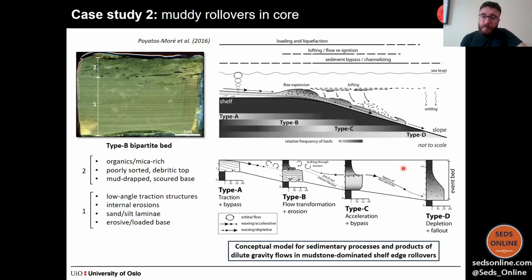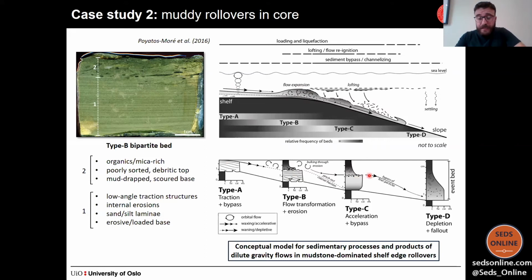So combining the outcrop and the core observations, we came up with this conceptual model that tries to summarize some of the processes that we could recognize from these deposits. So from mudstone deposits in the shelf dominated by traction and bypass, some even combined flow deposits due to storm resuspension, and then evidence for flow transformation, like these really nice bipartite beds with very nicely laminated lower parts and very nice debritic tops, suggesting transformations from turbulent to laminar flows.